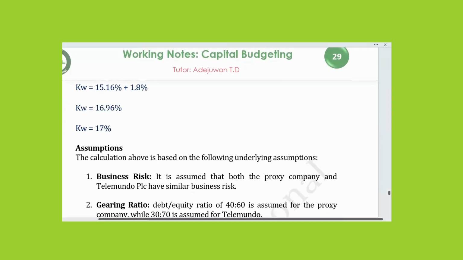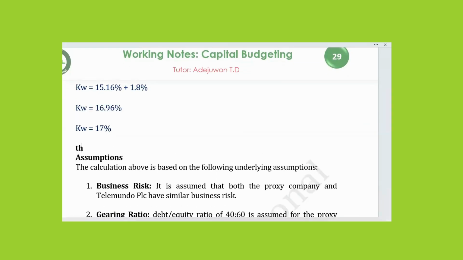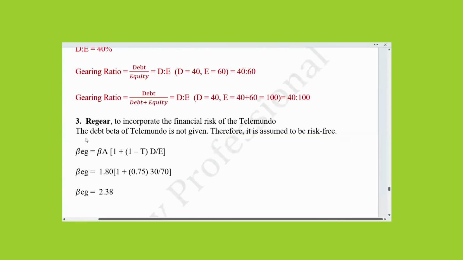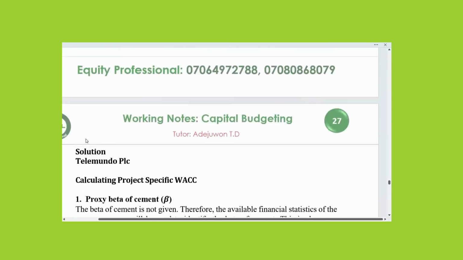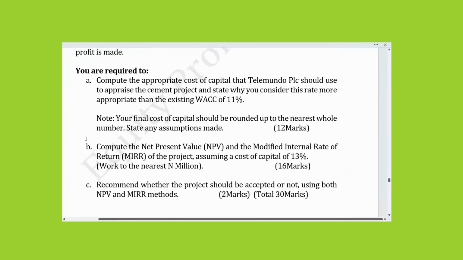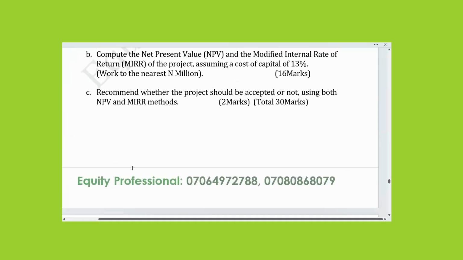So you can just comment on that. From the requirements, you have to compute the appropriate cost of capital and state why you consider this rate more appropriate than the existing WACC. Okay.